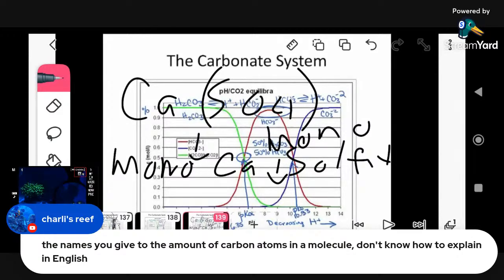But now let's say I put a 2 right here and a 3 right here. Now it's called dicalcium, however you spell it, and calcium trisulfate. You get what I'm saying? This is why chemists name things this way, so we can know the amount of molecules.